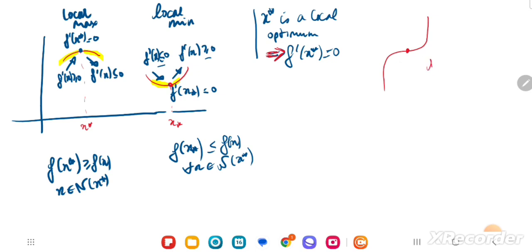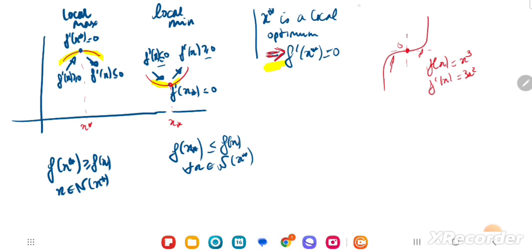A typical example: f of x equals x cubed, so that would be 0 at the origin. f prime of x is 3x squared, so at 0 it's equal to 0. That is what is called a critical point, but it does not correspond to a minimum or maximum, because your function is strictly increasing on both sides. So again, we insist that this is really a one-sided implication.